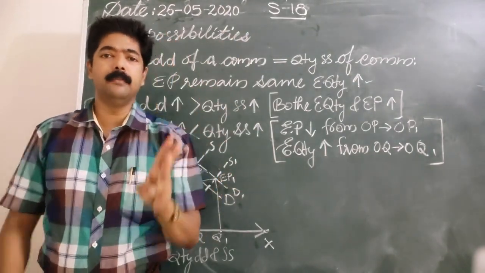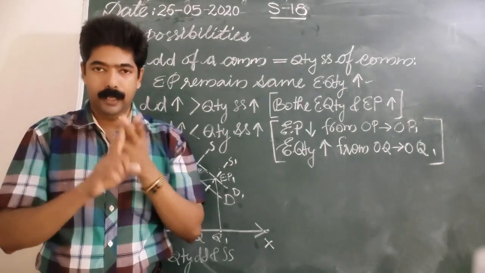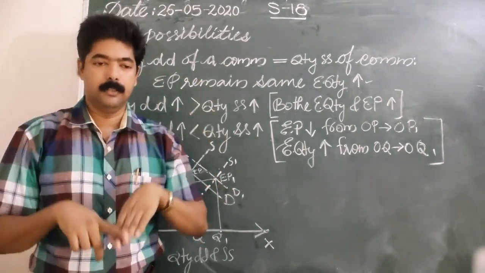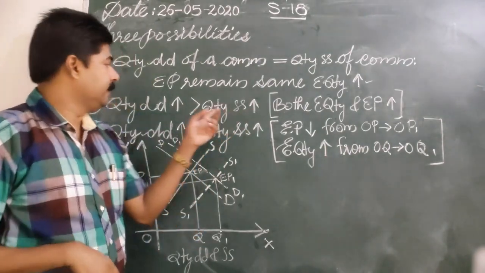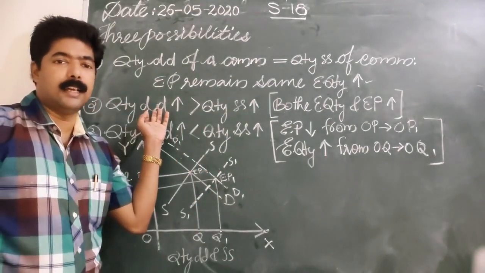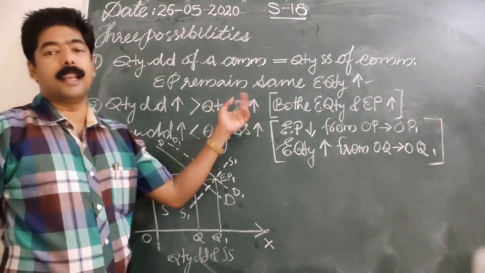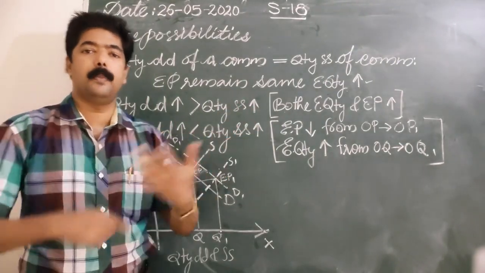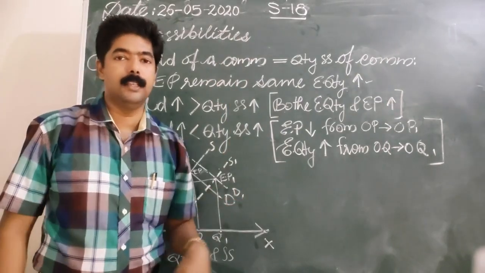First, both can increase equally. The opposite can also occur, both can diminish equally. On one side, demand increases greater than supply. Another possibility, demand increases less than supply. That's the opposite side. All these three possibilities.